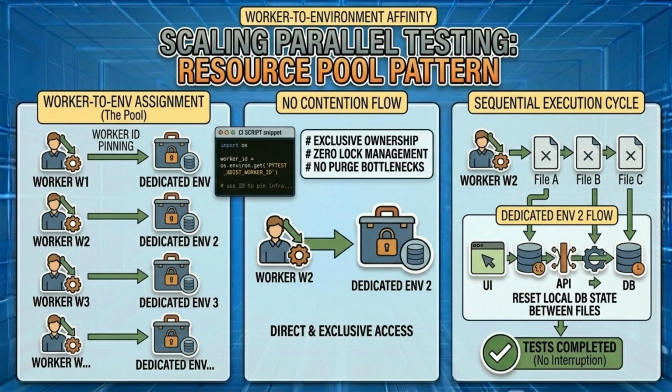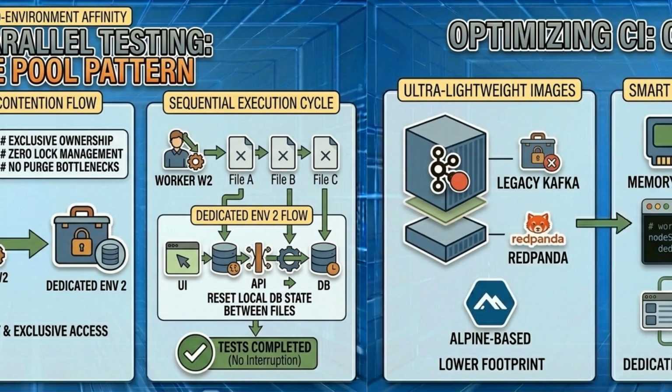This eliminates all synchronization overhead. There is no contention, no lock management, and no purge bottlenecks because each worker is the exclusive owner of its infrastructure. Each worker runs its queue of test files sequentially, resetting its own local database state between files.